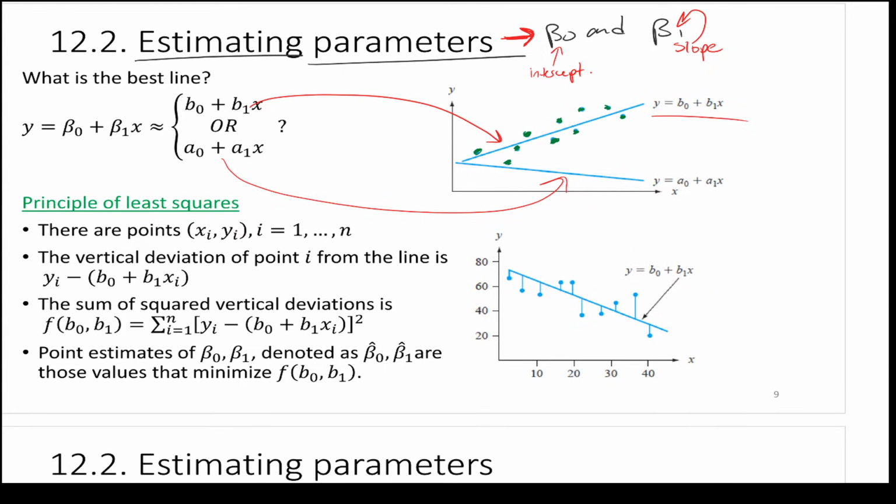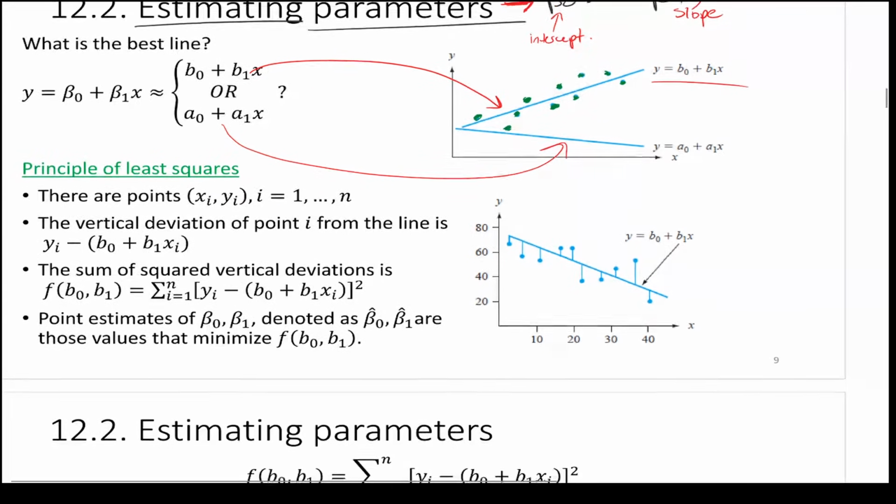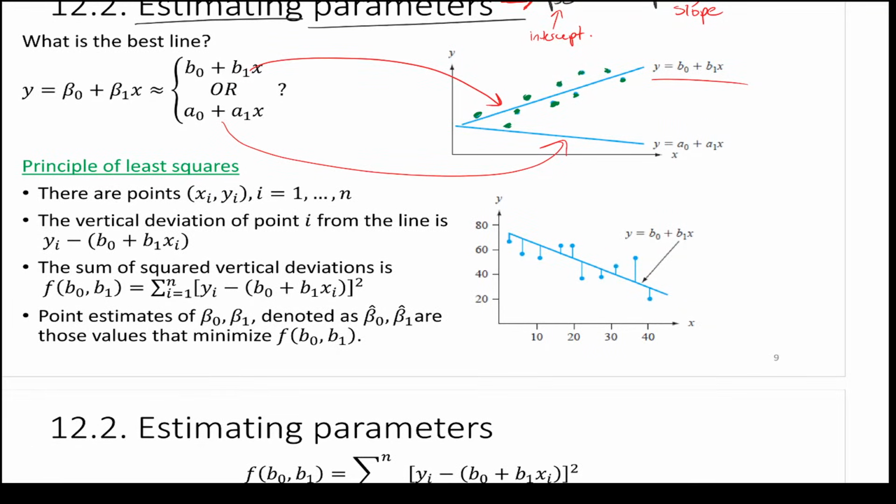Well, what's the best line to represent the data? And there's a bunch of ways that we could define that. However, the way we define the best line or the best representation of this data, the best linear relationship of this data, is the line that minimizes the error, actually the square sum of the error.